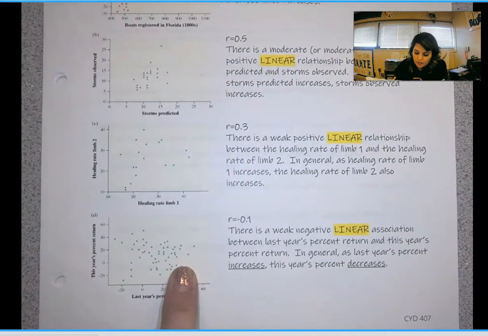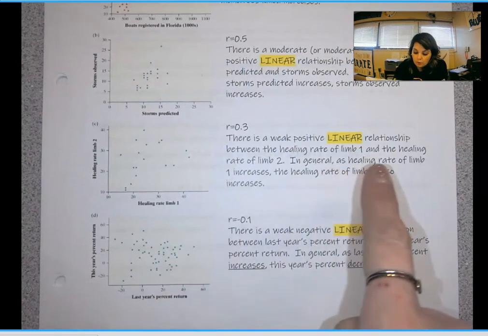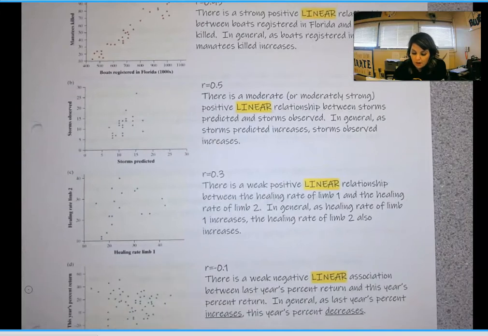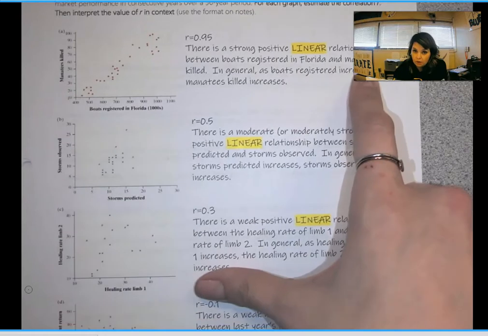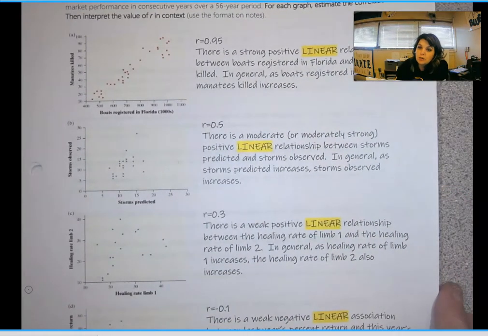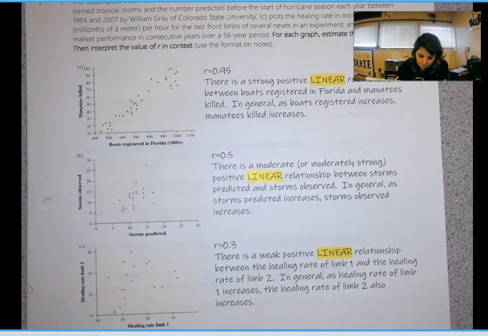So this one is the only one that was negative, a weak linear association. On these, I hope that you're pausing and checking real quick that what I have written and what you have written are the same, just because the AP board is really picky about how you word your answers.